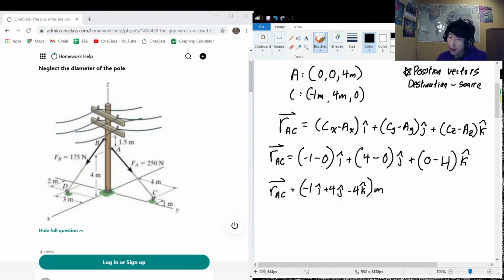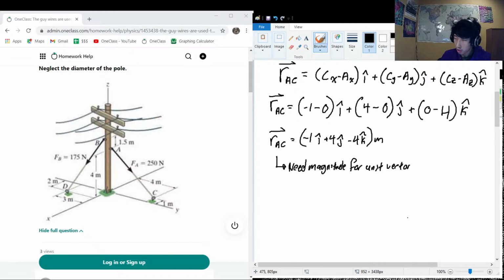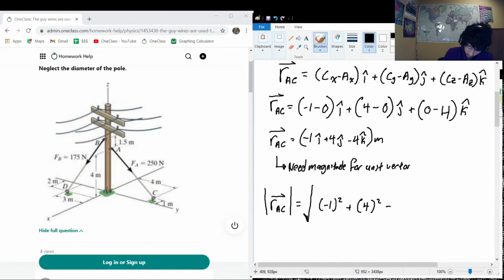So given this, we need to find the magnitude of this to get our unit vector. Need magnitude for a unit vector. Cool. So in order to do that, our AC, it's going to be pretty much a Pythagoras type of operation. So it's going to be -1 squared plus 4 squared plus -4 squared.